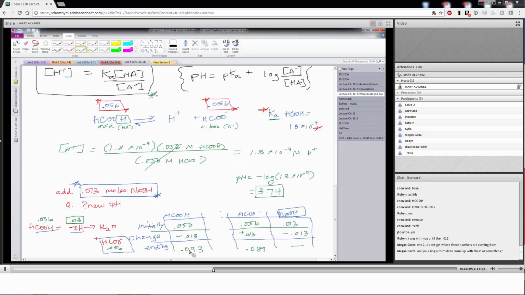And that gives us a final number of moles for our acid of 0.043 and for our conjugate base of 0.069. Now we have not yet plugged in any of these numbers to determine our final hydrogen ion concentration or our final pH. We just are determining what the new concentrations of our acid and conjugate base are so that we know what to plug into our equation.